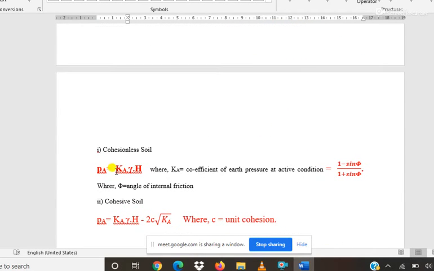Here Ka is the coefficient of active earth pressure.